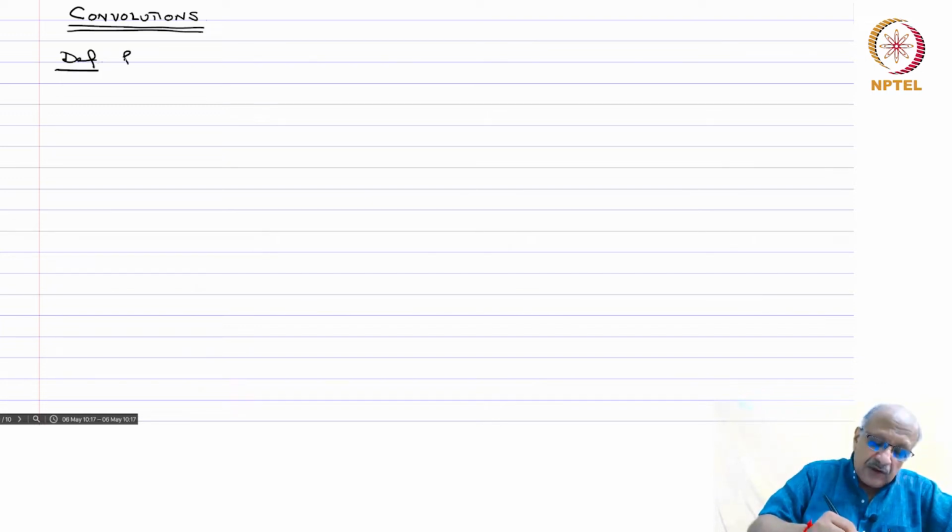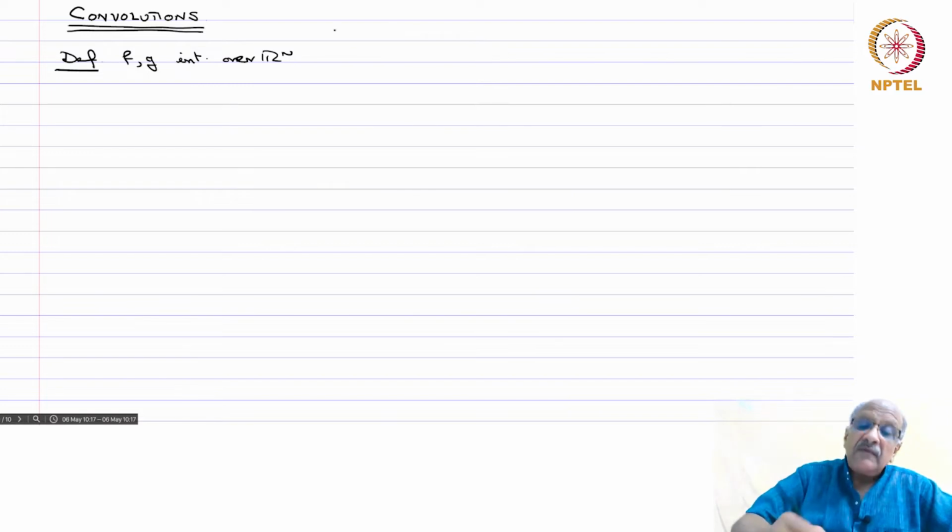So f and g integrable over Rn. Rn will always have the Lebesgue measure, so that is the measure which we are going to deal with.